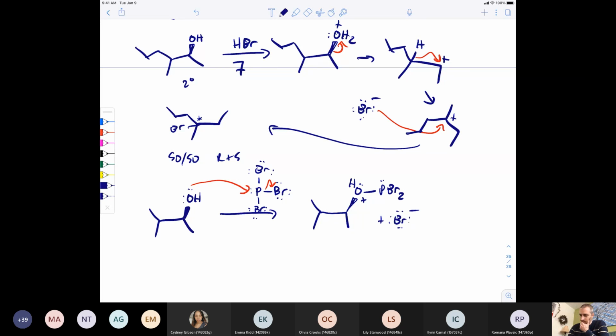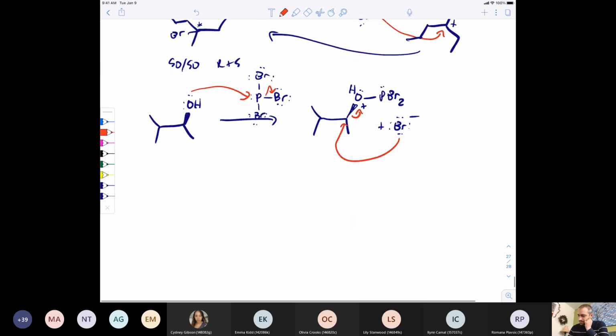And then what this can do is SN2 that leaving group off, with inversion, right? Because it's an SN2.